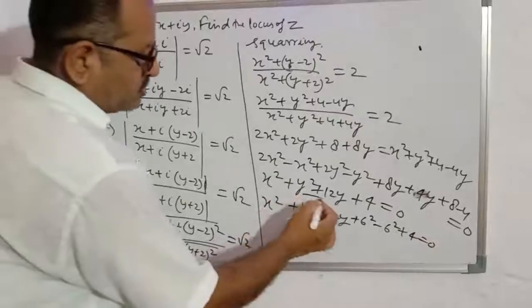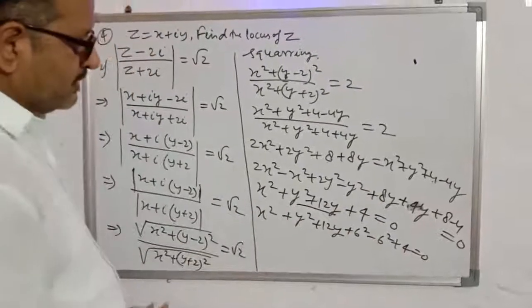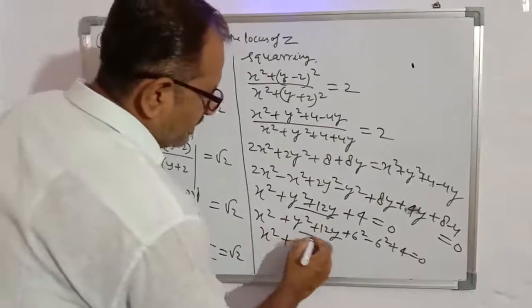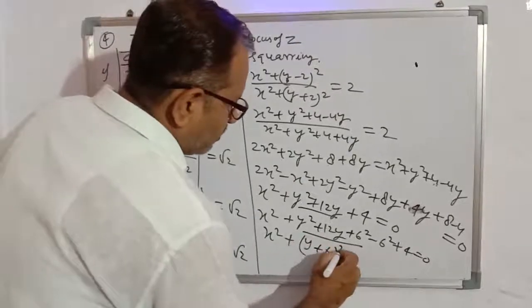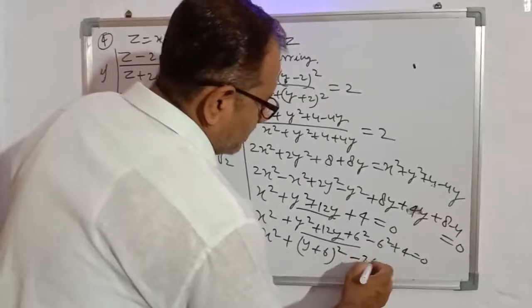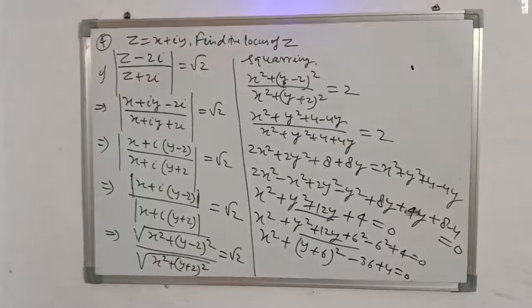To make it a perfect square, we have to add 6 square and subtract 6 square. So it is x square plus, what is this? It is y plus 6 whole square minus 6 square, which is 36, plus 4 is equal to 0.